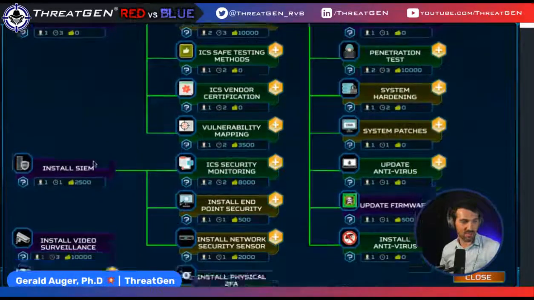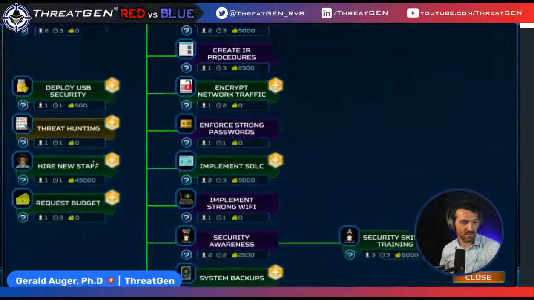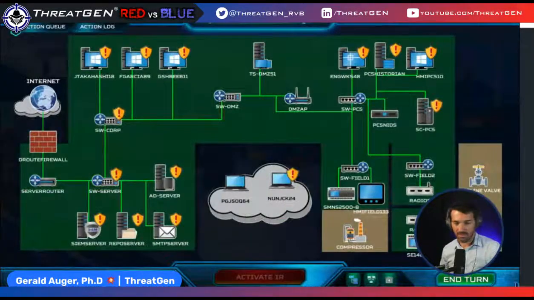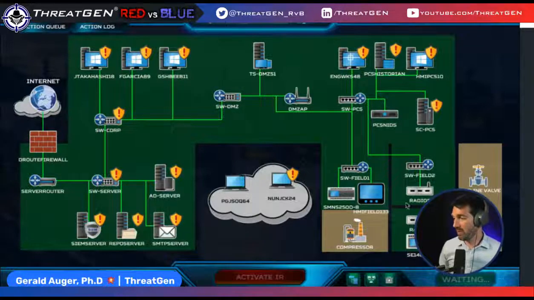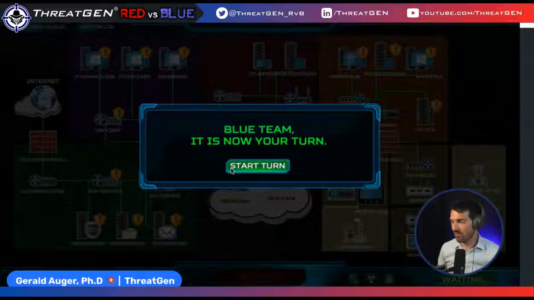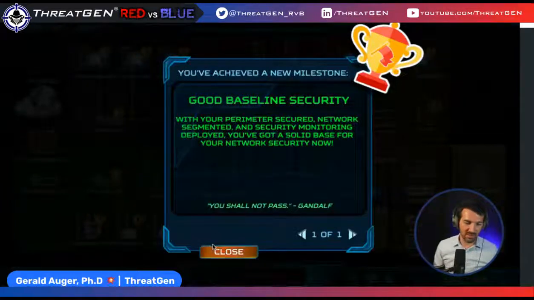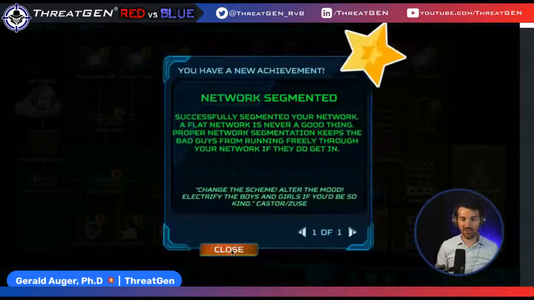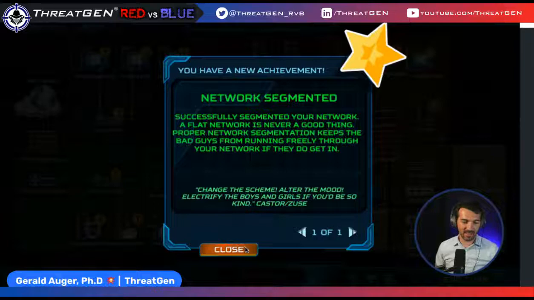We really do need to ask for budget because we're almost out of money. We can go to the CEO, or CFO, because they're usually the ones with the purse strings, and say, listen, you know why we're not on the front page of the news? Because I am securing the crap out of this organization.